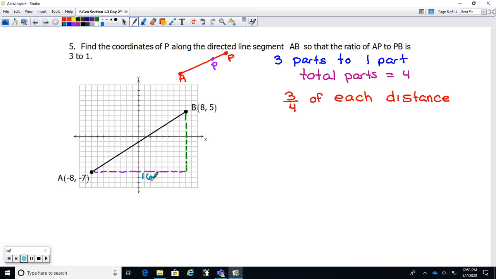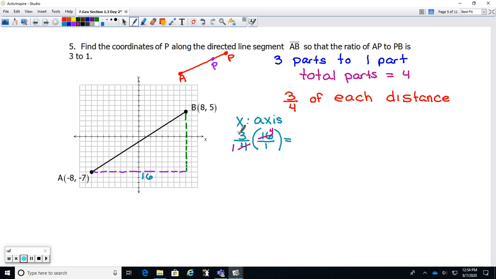So on the x-axis, I want to go 3/4 of the total distance of 16 units. I need to know how much that amount is. I'm going to put it over 1 so I can reduce. 4 goes into 4 once. 4 goes into 16 4 times.